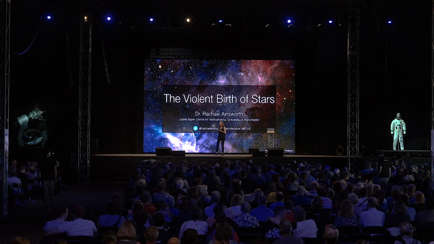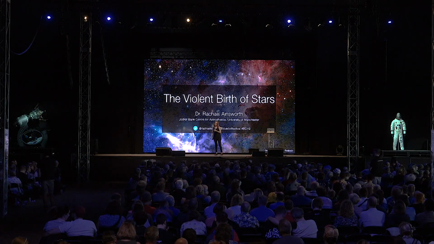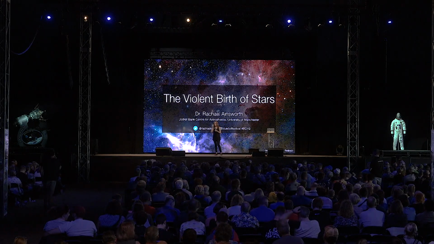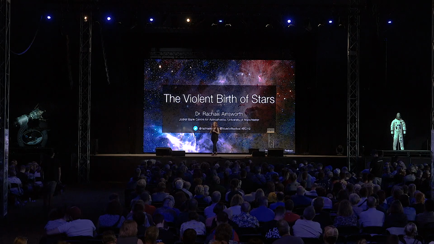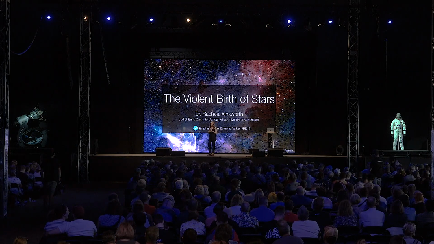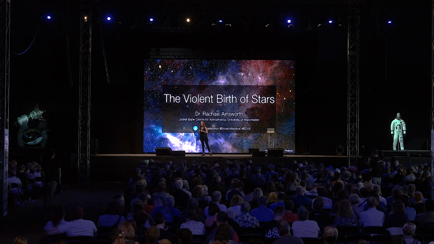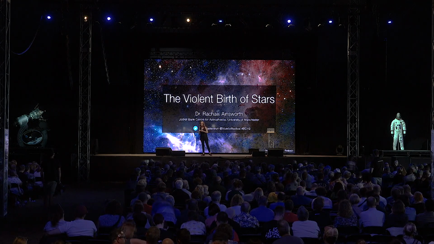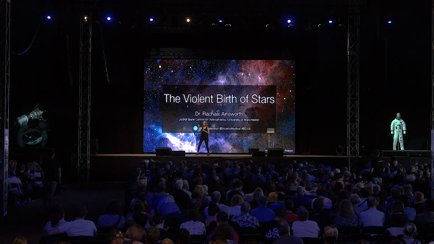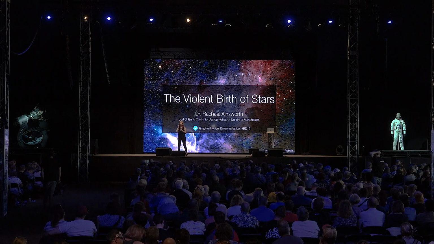Hi, thanks for the talk. Do we know how conditions need to change to produce different sorts of stars within the main sequence? Sorry, I couldn't really hear that. Could you ask that again?